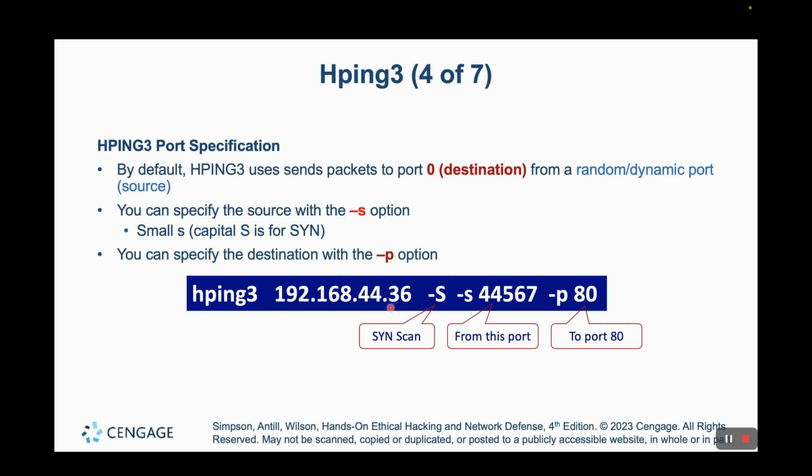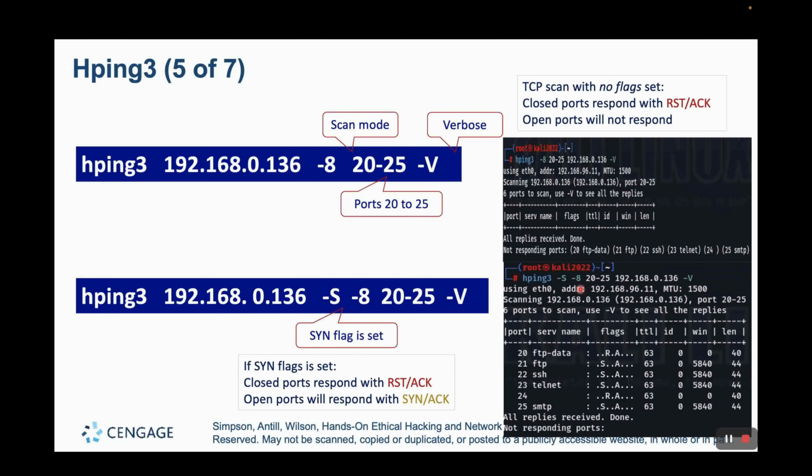hping3, the IP, -S, we're using a SYN scan, and -s from this port, and -p to, for example, any port you specify that you want to scan. So basically, the scan will originate from this port against this port.